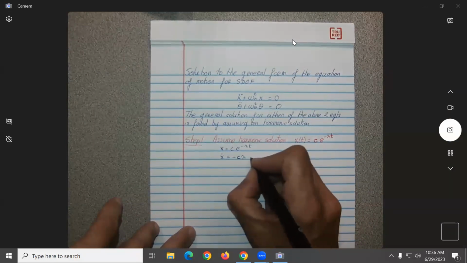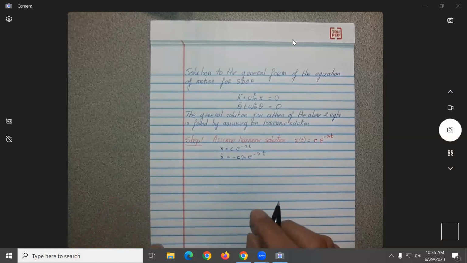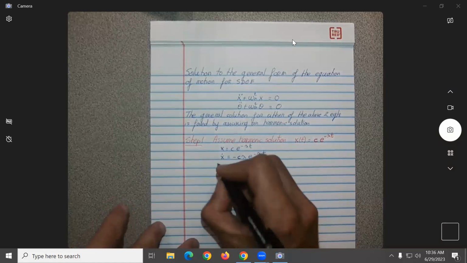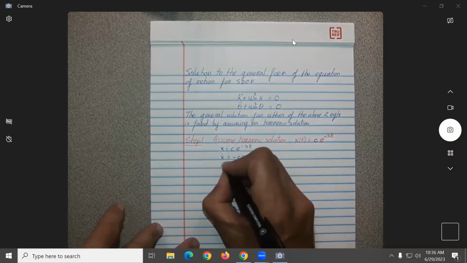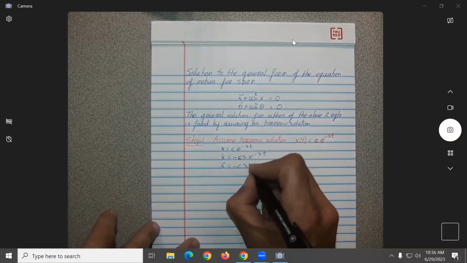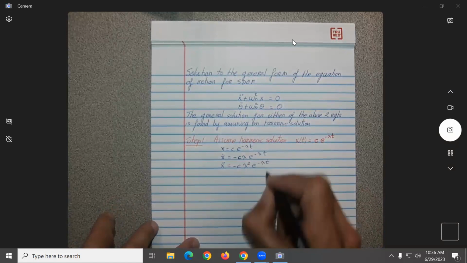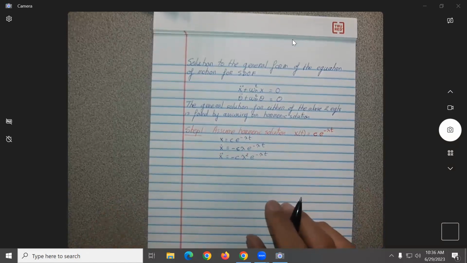Minus c lambda exponential of minus lambda t. No? Simple math. And x double dot will be equal to what? Minus c lambda squared exponential of minus lambda t. Okay, this is pretty simple. You're going to see it.